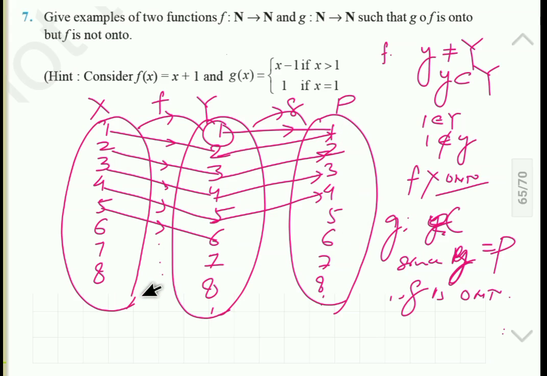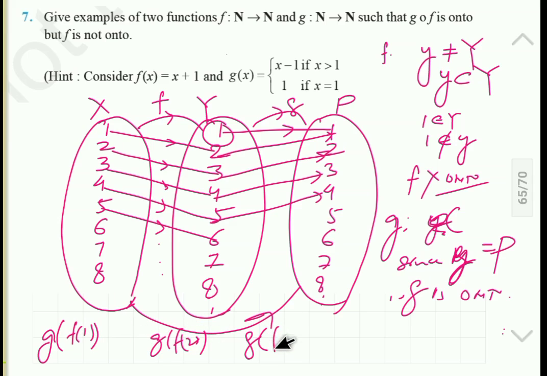Now let us see g∘f. For g∘f we see the values of g of f(1), g of f(2), g of f(3), g of f(4), and so on. g of f(1) means g of 1, and g of 1 is equal to 1. g of f(2) means g of 3, and g of 3 is 2.